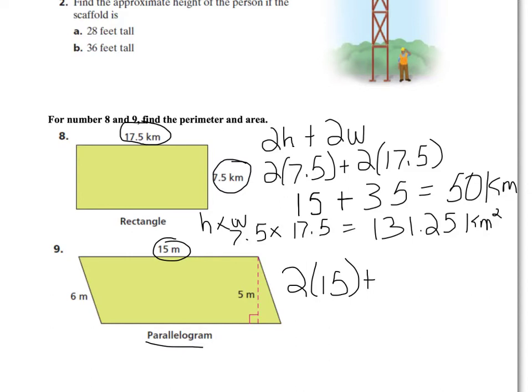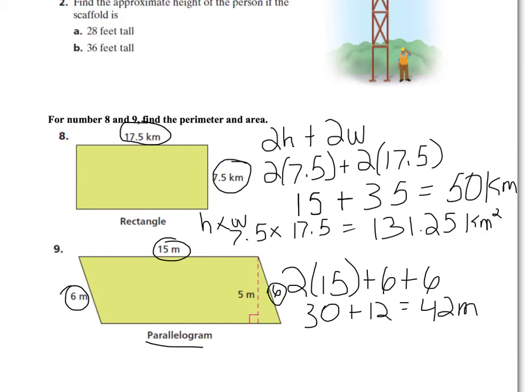The side lengths are going to be 6, and this is also 6. So it's going to be plus 6 plus 6. So that's going to give us 30 plus 12, and that equals 42, and the unit is meters.